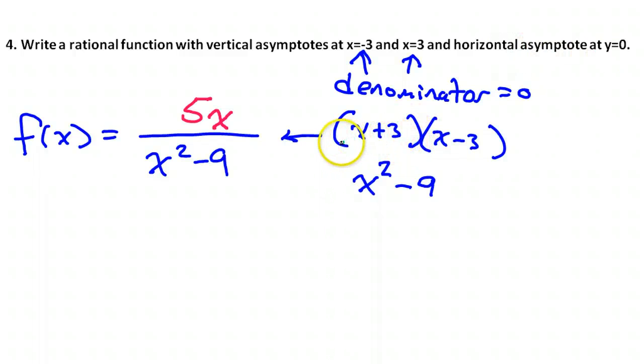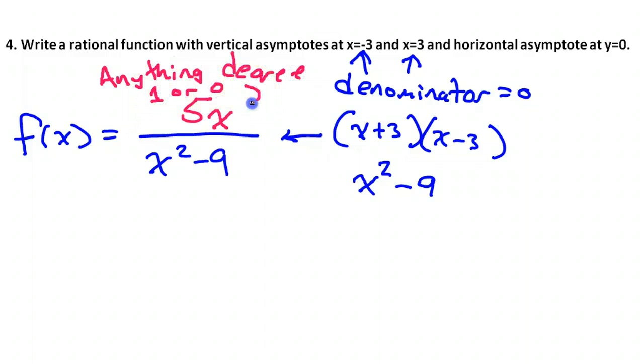And that's it. So the denominator pretty much had to be this, but for the numerator, anything of degree 1 or 0 would have worked here.